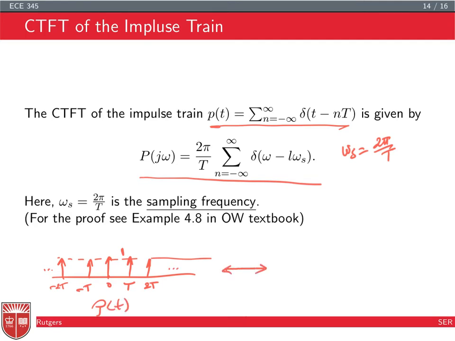And in the frequency domain you're going to get the same thing, but scaled by 2 pi by T. Again, I'm going to get an impulse train, but instead of being separated in time, the impulses are separated by the corresponding frequency. So the sampling frequency is omega s here. So it's omega s, 2 omega s, and so on and so forth.